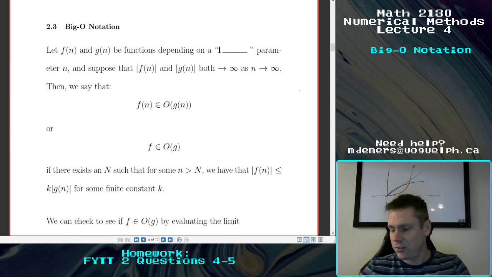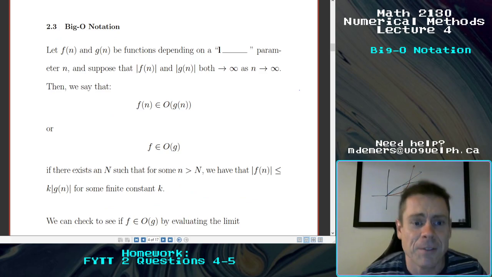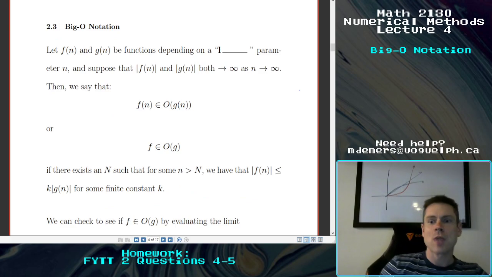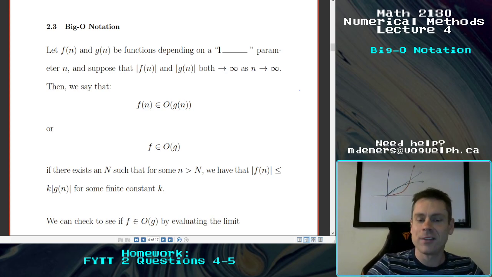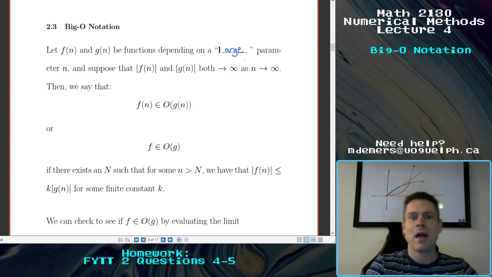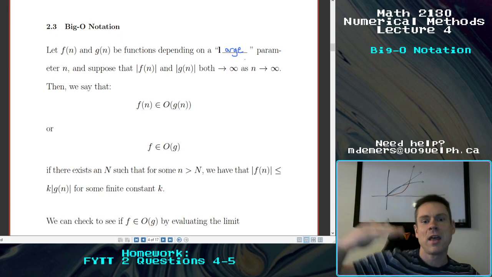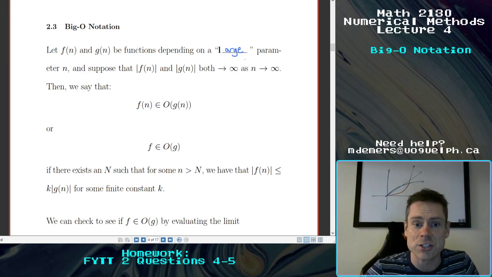So here's how we want to define it to begin with. Let's have a couple of different functions here, f of n and g of n. And these are functions that I'll say depend on some large parameter. It's a little bit floaty, but essentially we're talking about the comparative growth of those functions as that n grows large.